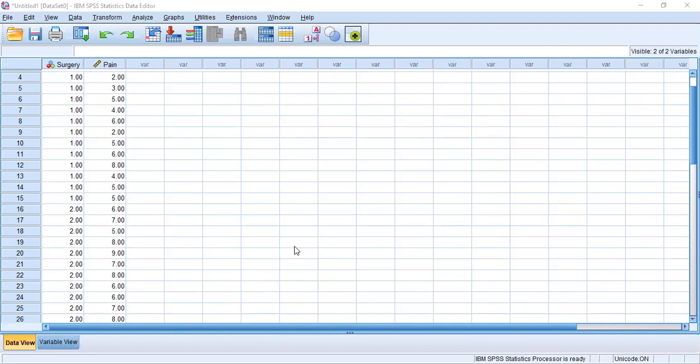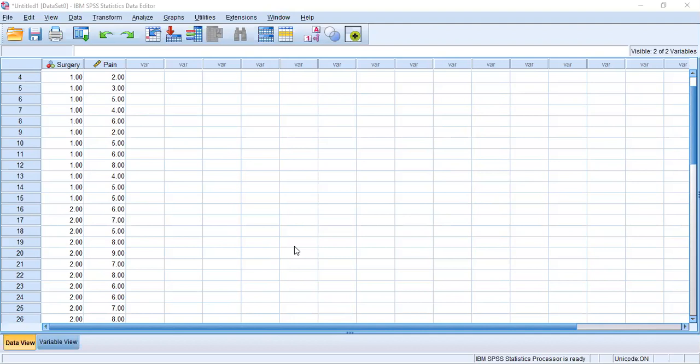Levene's test of equality, at an F value of 0.005 and a P value of 0.943, tells that there is no difference. Had the significance value of Levene's test been 0.05 or less, we would have said that variances are not equal, but here the variances are equal. So the C answer is done.